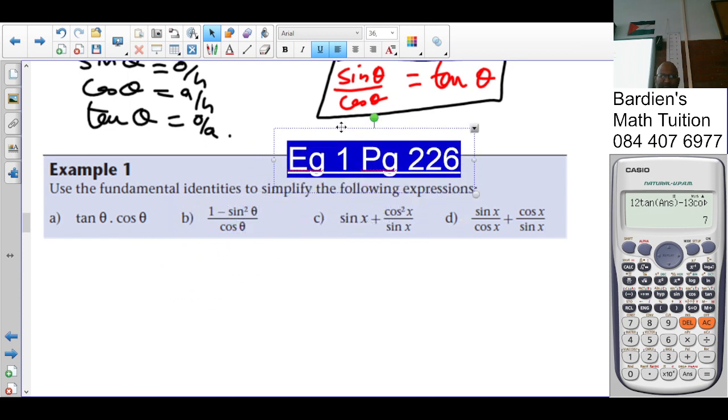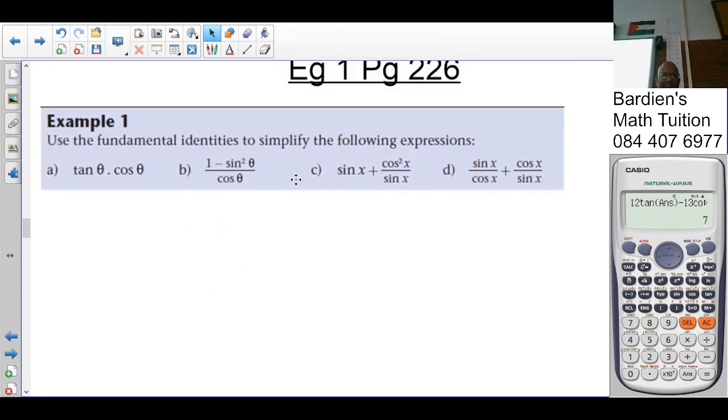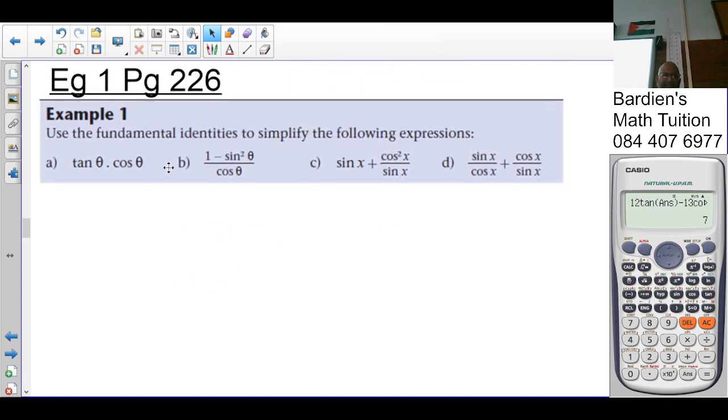Okay, here we go. So bear in mind that sine square theta plus cos square theta is 1. Then we know that sine theta over cos theta is tan theta. Very important, no? So here we are told, use the fundamental identities, which are those two we spoke about now, to simplify the following expression.